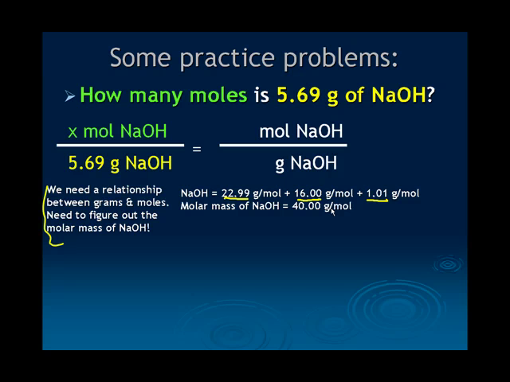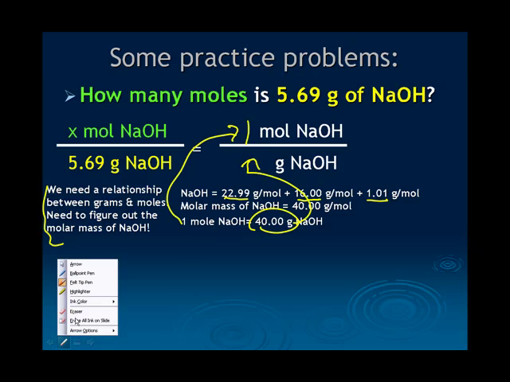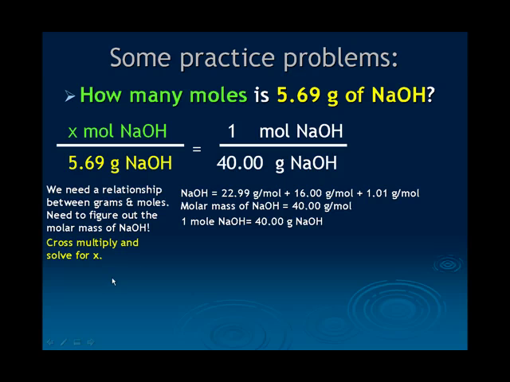That's the mass of 1 mole of sodium hydroxide, which is the same as saying 1 mole is equal to 40 grams. So next to moles I put the 1, and next to grams I put the 40 that I figured out. It ends up looking like this: 1 mole over 40 grams.